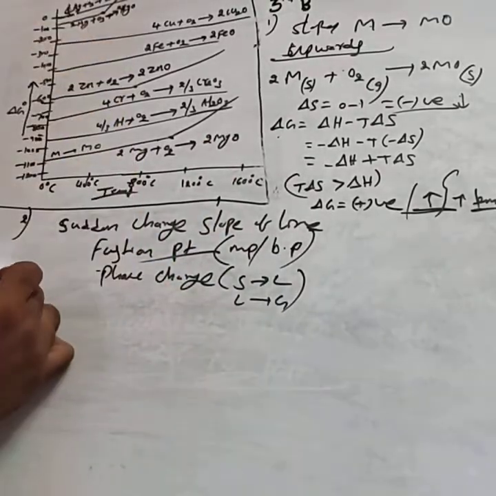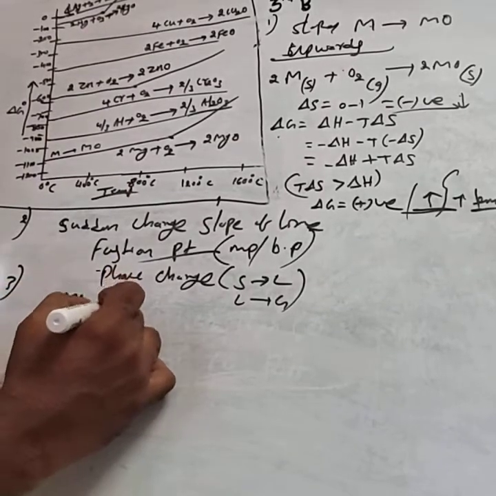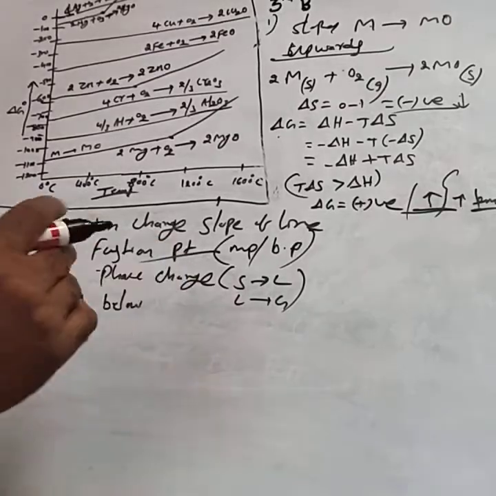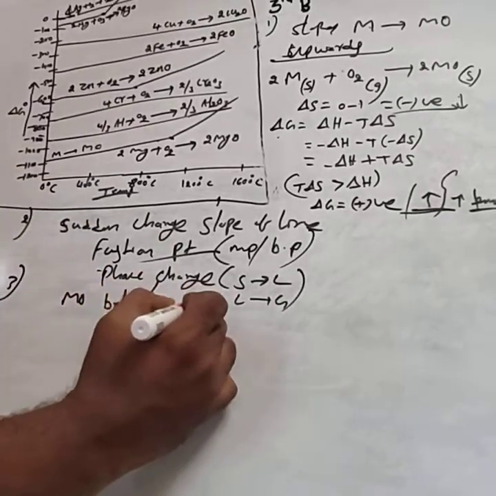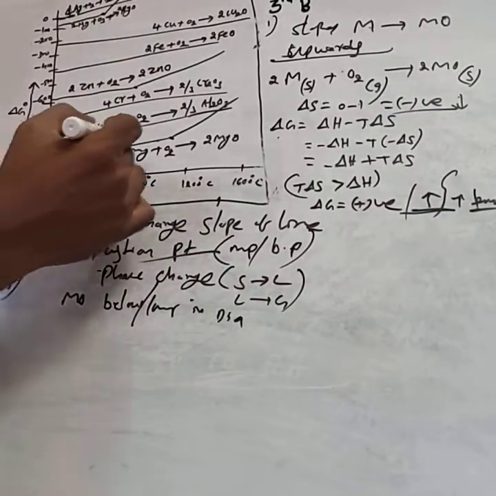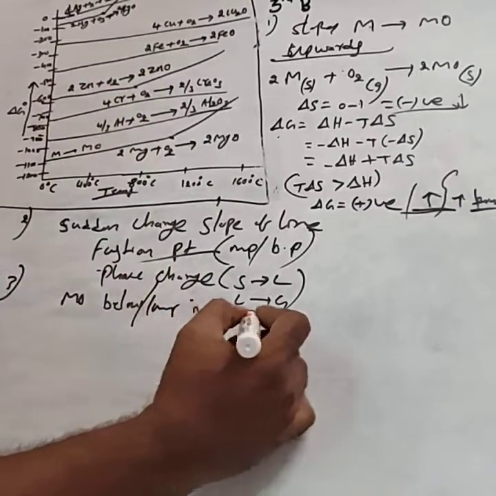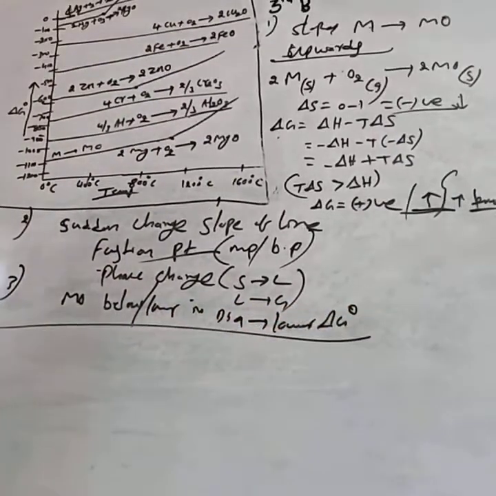Then the third characteristic is metal oxides present lower in the diagram. Metal oxides which are placed lower in the diagram have a lower delta G0 value.